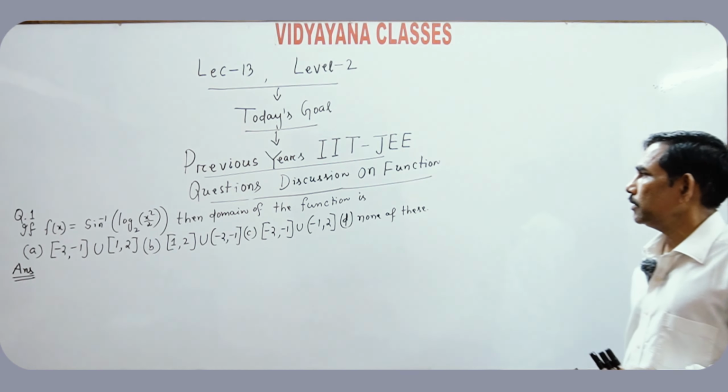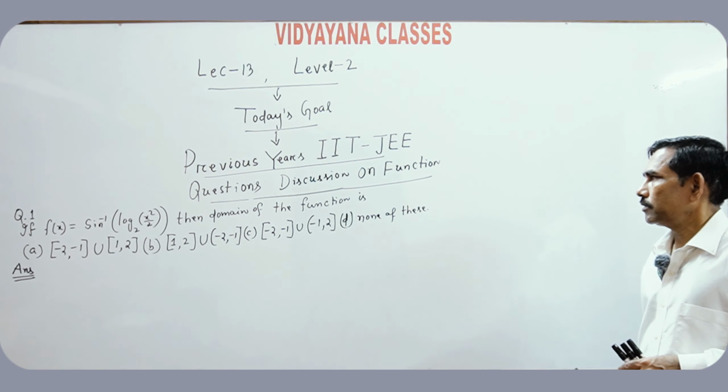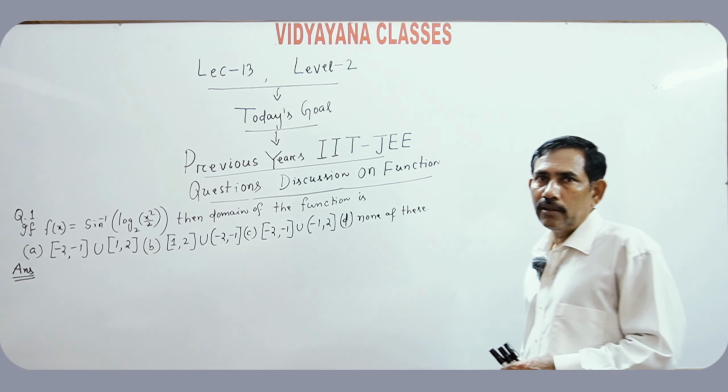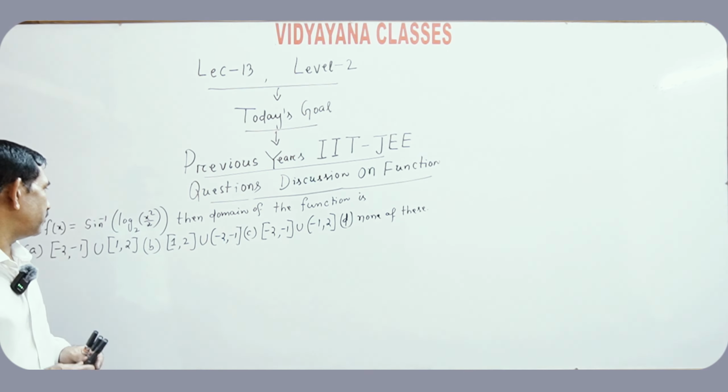f(x) is equal to sin inverse log x squared by 2. Sin inverse represents an angle. Every inverse trigonometric function represents an angle.